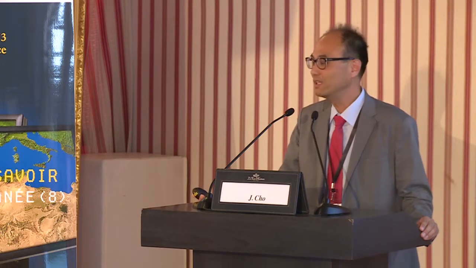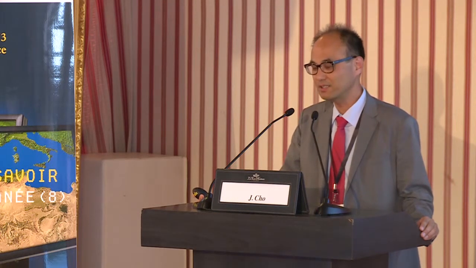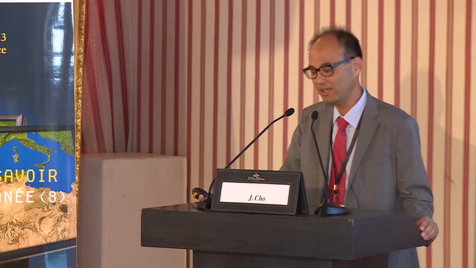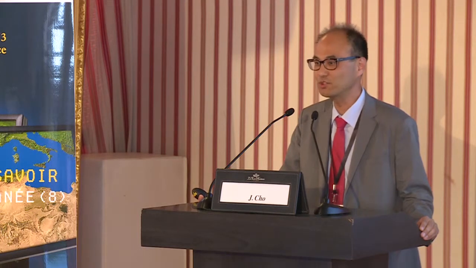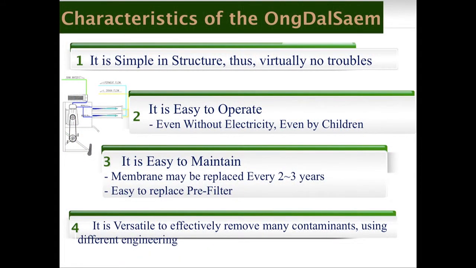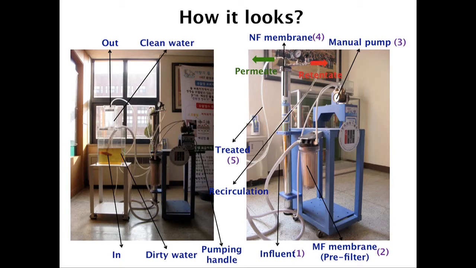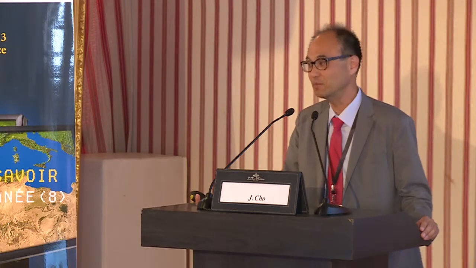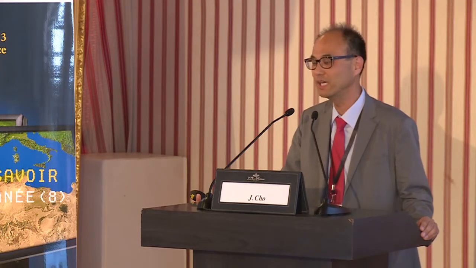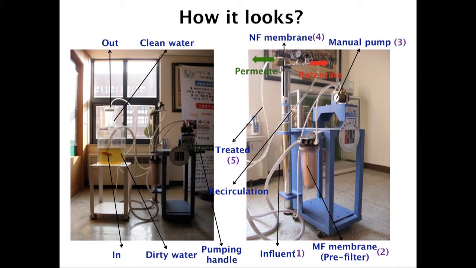It should be maintained without any significant actions. So we designed Ongdal Siem so that the membrane can be replaced every 2 or 3 years. When we send the unit to the site, we send an extra membrane so that they can use the unit for at least 4 to 5 years. We then tested water quality to make safe drinking water, substituting sometimes nanofiltration, sometimes microfiltration, depending on water quality, their situation, and their operator.